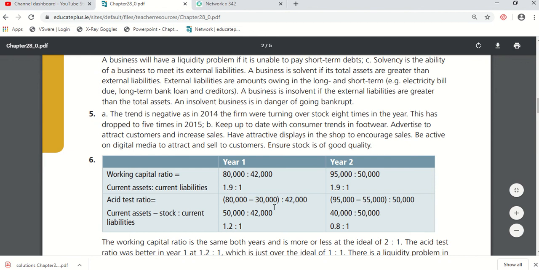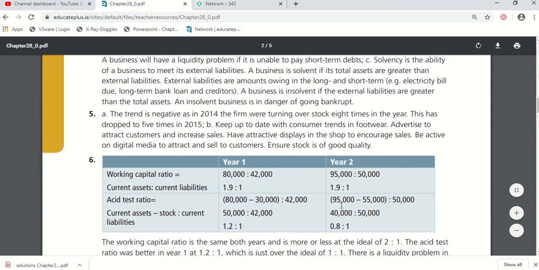Asset test, once the closing stock is taken out, and you divide the 50,000, so 80,000 minus 30 is 50, divided by the 42 current liabilities, means it's 1.2:1, so that's above the norm or the ideal, so that's not so bad. However, in the second year it's reduced, so negative trend, and there's issues there still with the current assets.